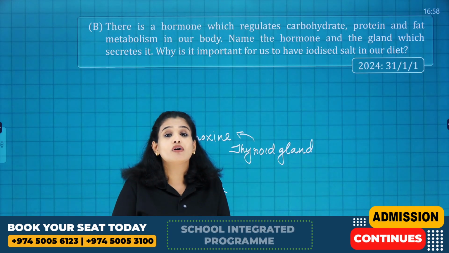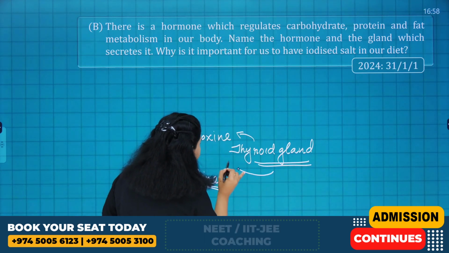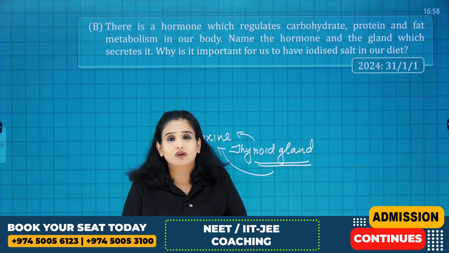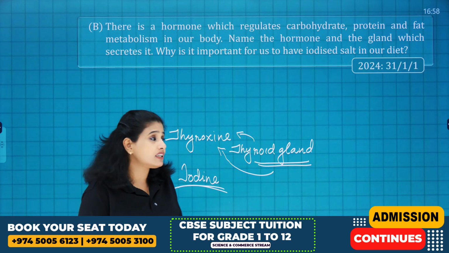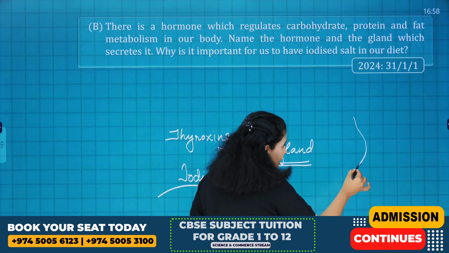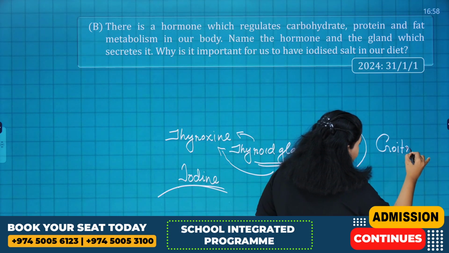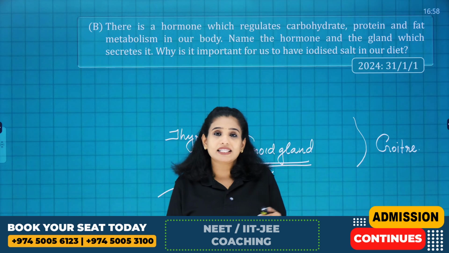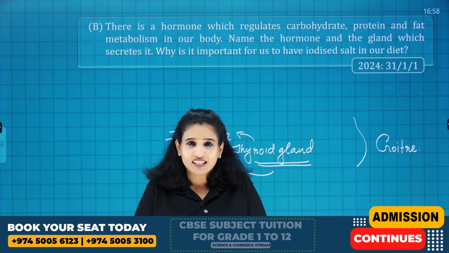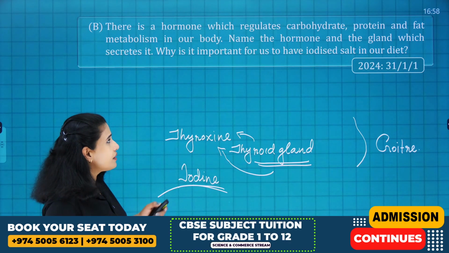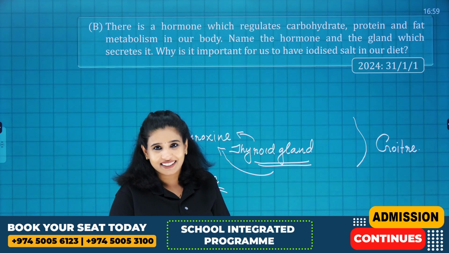The deficiency of iodine causes the thyroid gland to struggle to synthesize the hormone thyroxine, and it will swell up. When the thyroid gland swells, that disease is called goiter. So we need to include iodine, or iodized salt, in our diet.